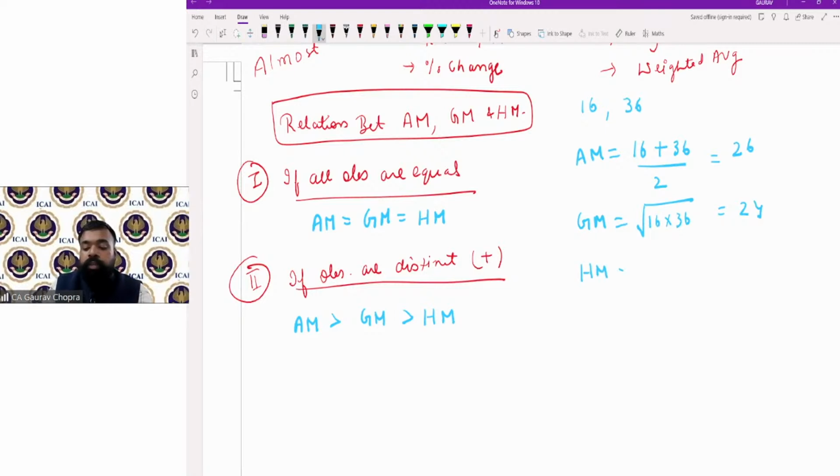And harmonic mean will be 2AB upon A plus B. So 2 into 26 into 24 divided by 50. How much? Calculate this and get the result.